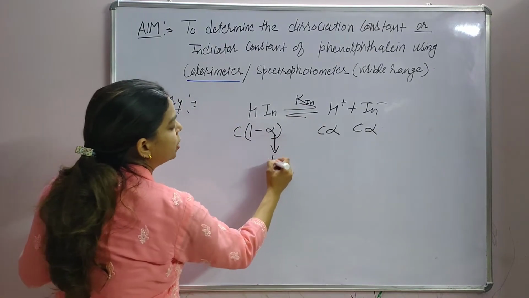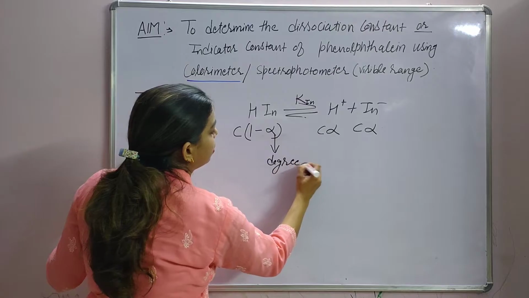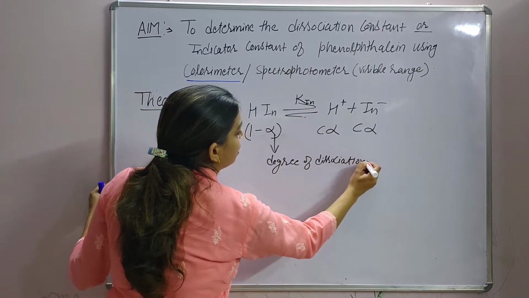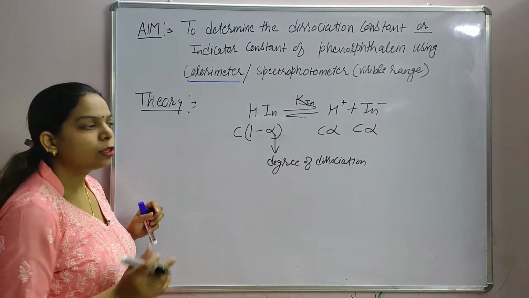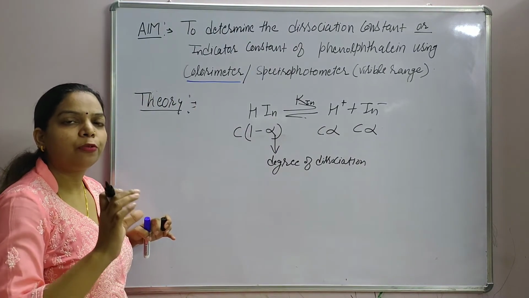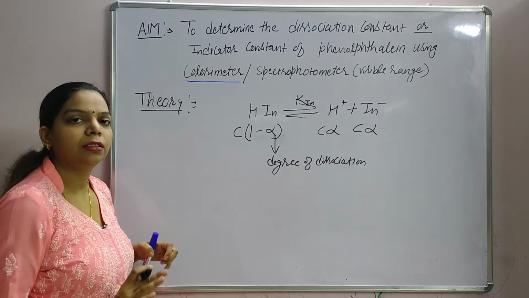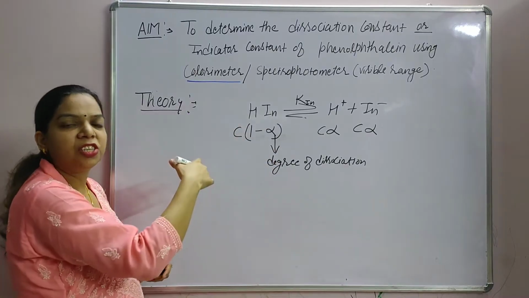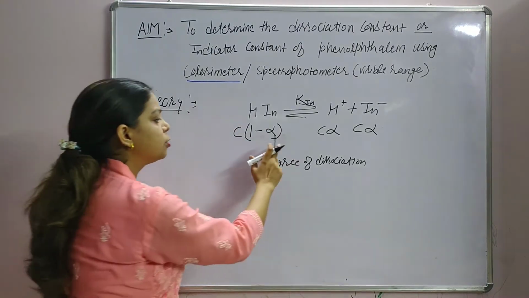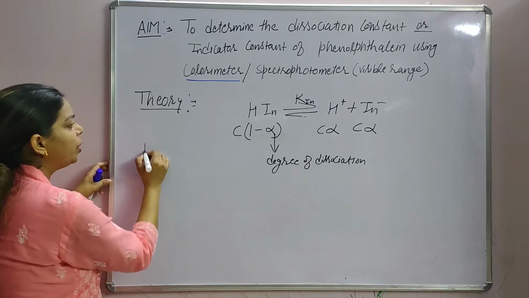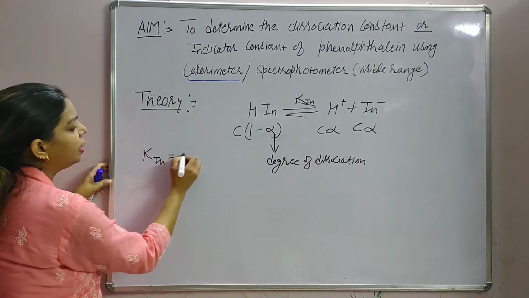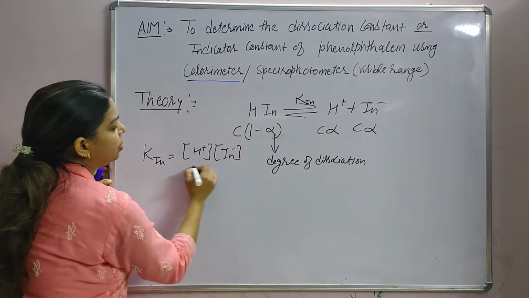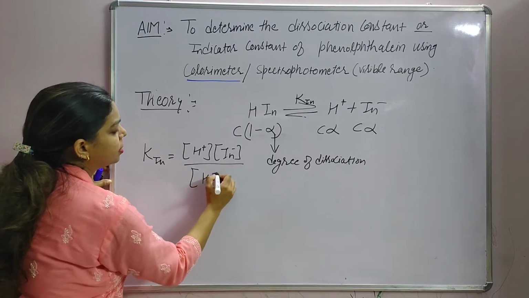Alpha is the degree of dissociation, which can be defined as the fraction of moles which have been dissociated. So fraction means the number of moles dissociated divided by the original initial concentration before dissociation. We can write K indicator as the concentration of H positive times In minus divided by the concentration of reactants.